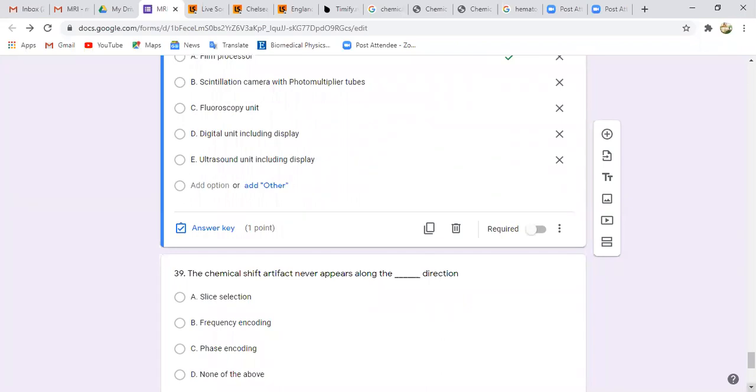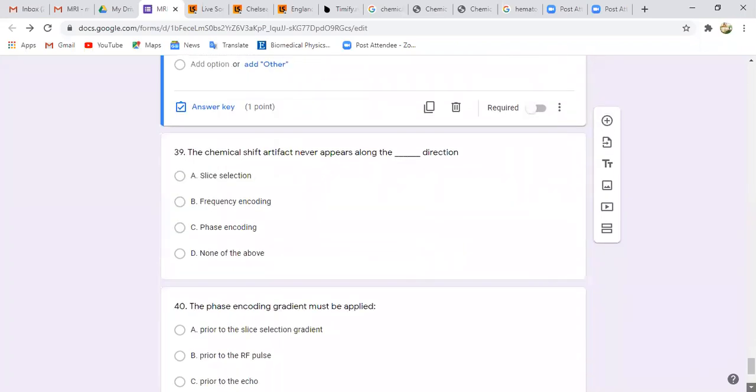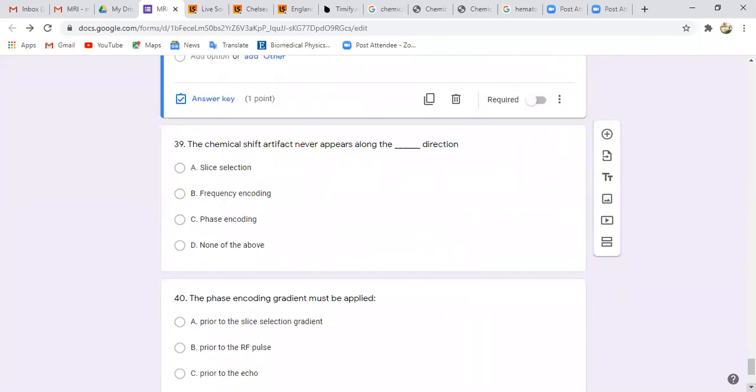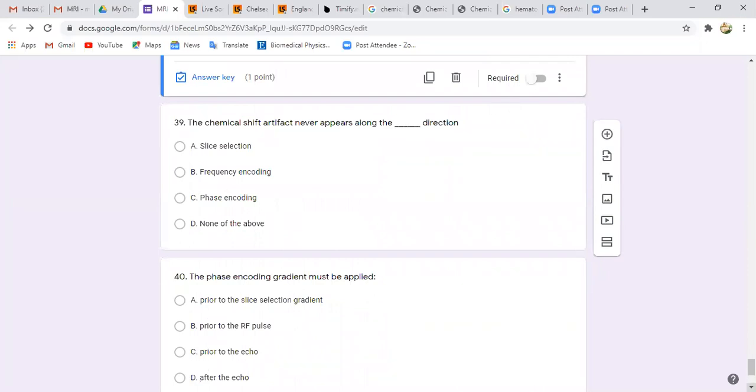The chemical shift artifact never appears along which of these gradient directions?